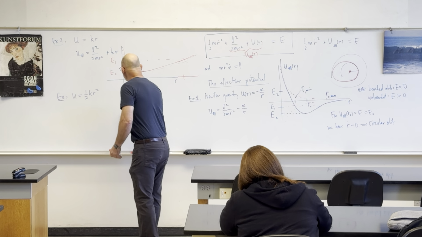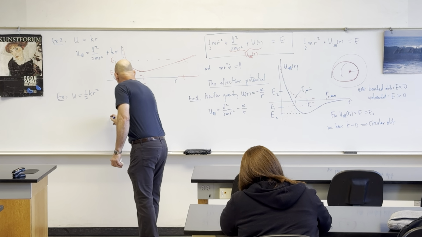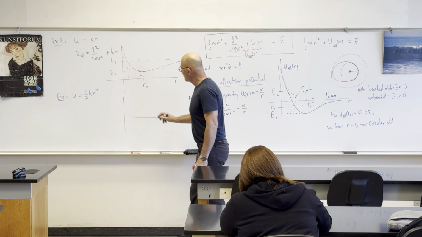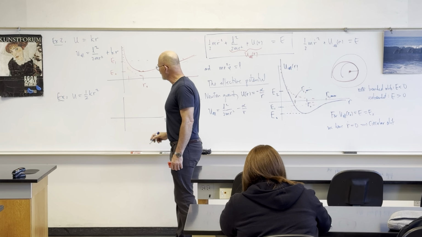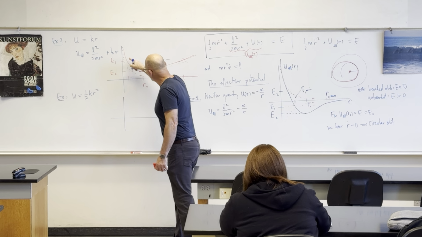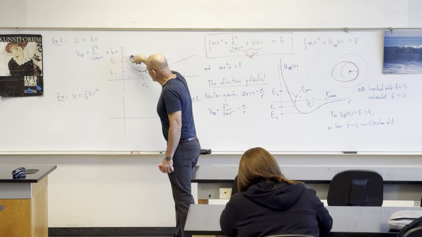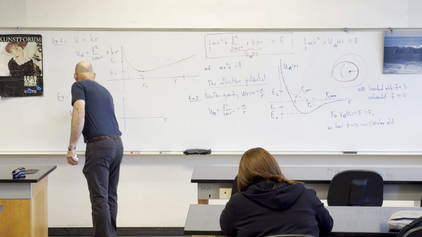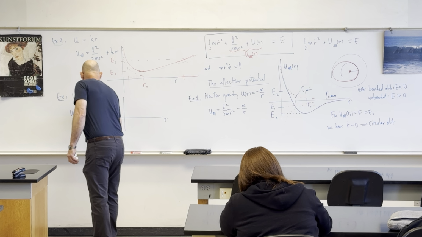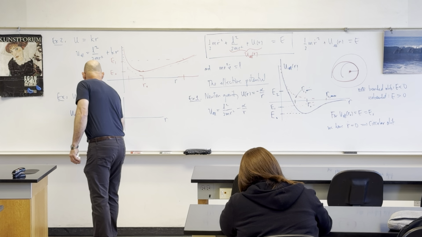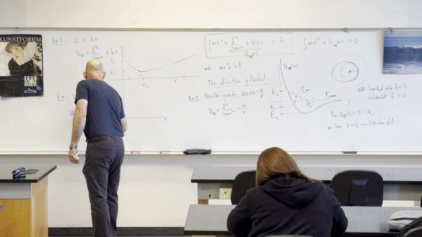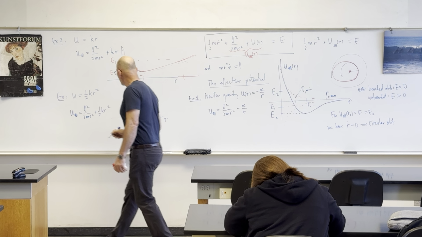And this graph, this one I'm just going to do. I'm going to have this branch here, 1 over R squared branch. Let's go ahead and write this down to be effective. Equals L squared over 2mR squared plus 1/2 kr squared, different k obviously.